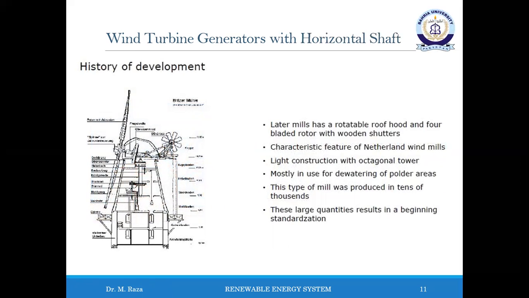The turnable cap is the main characteristic of the Dutch smock mill, which came into use in the 16th century. It is a further development of the tower mill, as the lighter wooden construction of the octagonal tower could be more easily erected on the wet Dutch marshland than the heavy stone construction of the tower mills.